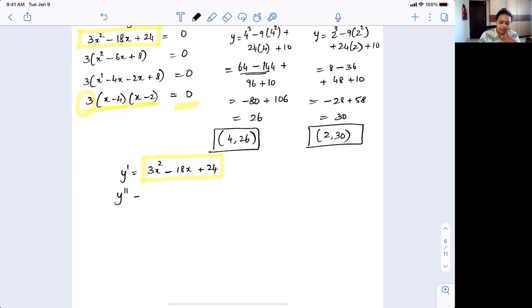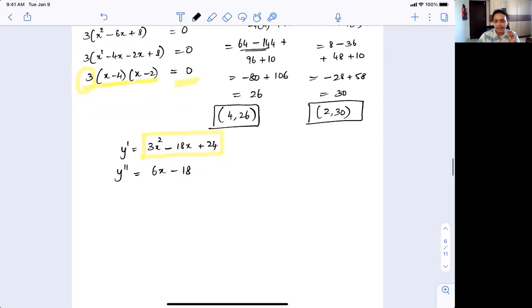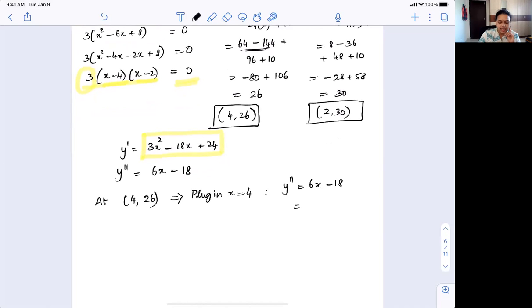Okay, so this is y prime. Now y double prime is going to be 6x minus 18. Let's evaluate this second derivative at each of the two critical points. Let's evaluate it at (4, 26), so we plug in x is equal to 4.